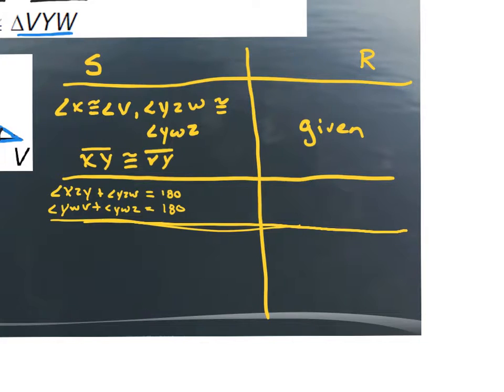They are a linear pair, and the linear pair postulate says that if you've got two angles that form a linear pair, they will add up to 180 degrees. That is the linear pair postulate. All we're saying there is that there is a linear pair here, and there is a linear pair there. That's what we're addressing.